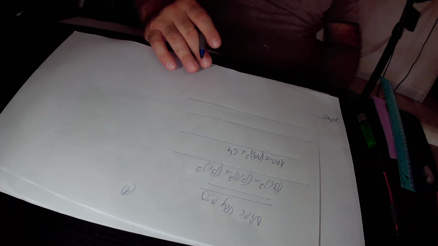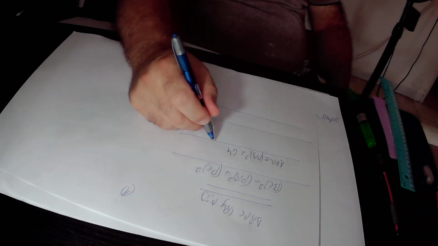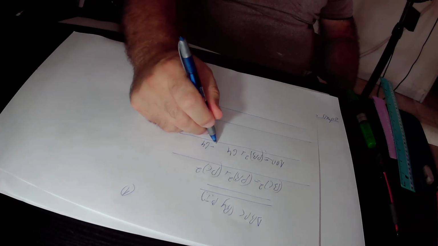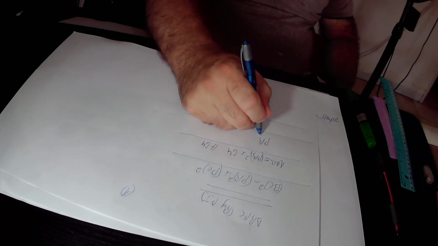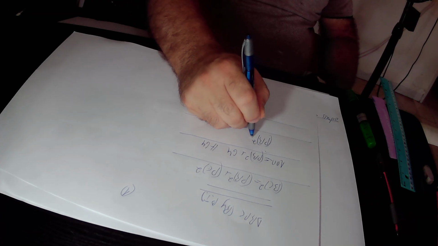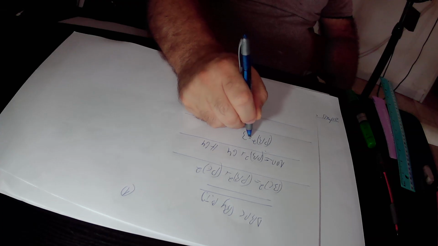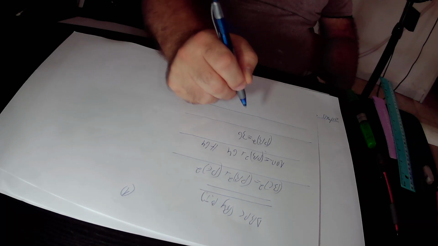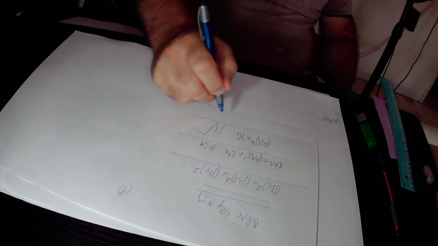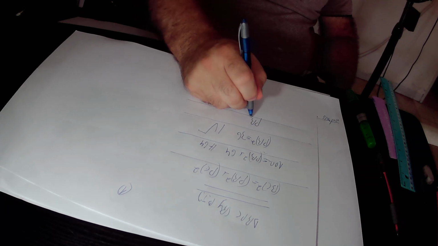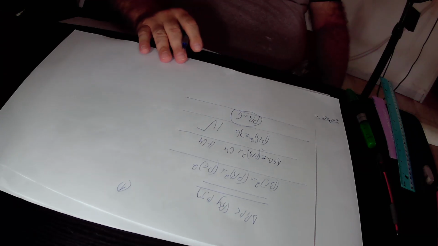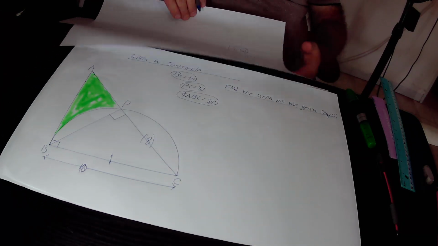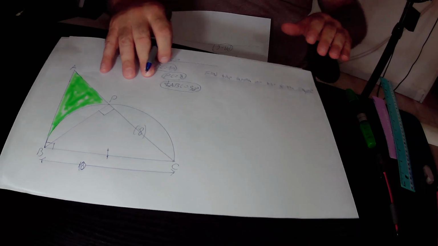Here we subtract 64 from this equation, and we get that PB squared equals 100 minus 64, which is 36. Here we take the root of this equation, and finally we get that PB equals the square root of 36, that is 6. So the missing side PB is equal to 6 units in its length.